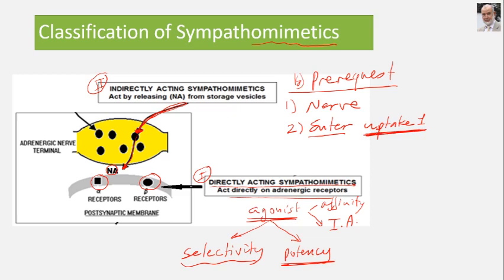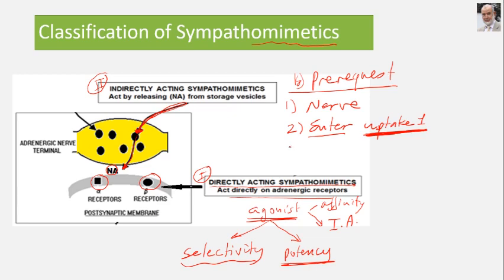Its inactivation is done by reuptake into the nerve terminal. This is uptake 1. These drugs enter the nerve terminal through the uptake 1 mechanism, which is an active process, as we explained in the previous presentation. So first they will be taken up into the nerve terminal using the same uptake 1 mechanism.